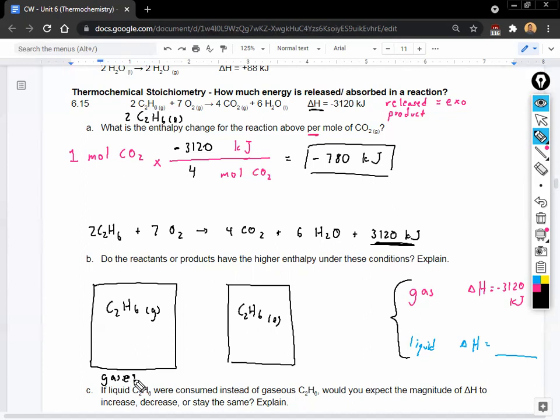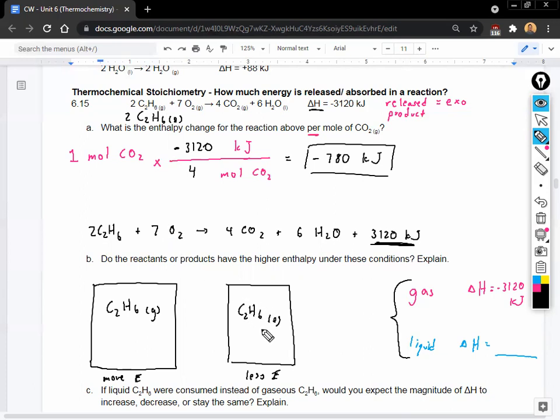Gases have more energy than liquids, and liquids have less energy. It takes more energy to break apart a liquid. That is very true. But if you take a look at this system, are we putting energy into the system overall? No, the system is losing energy, right?